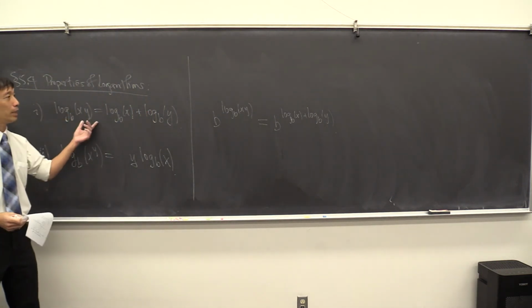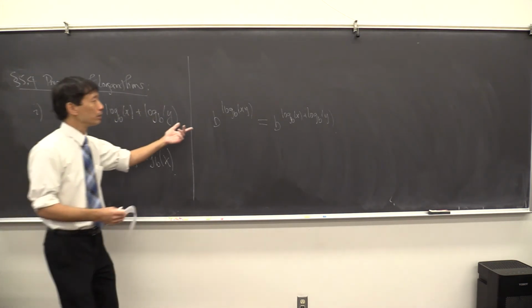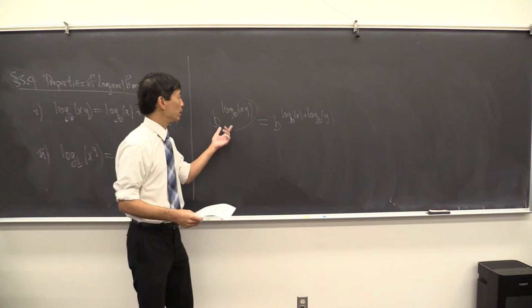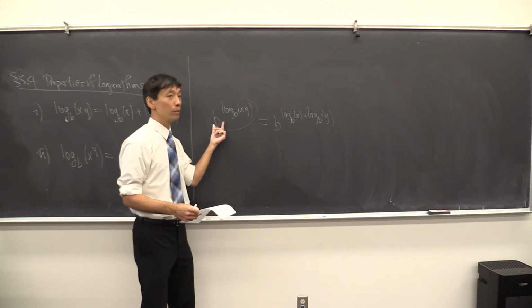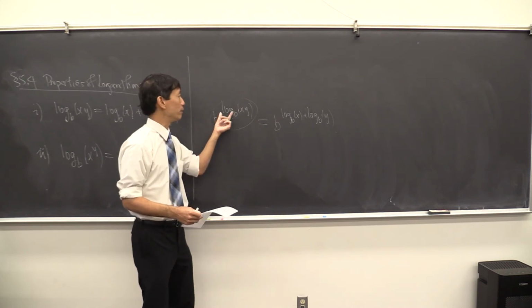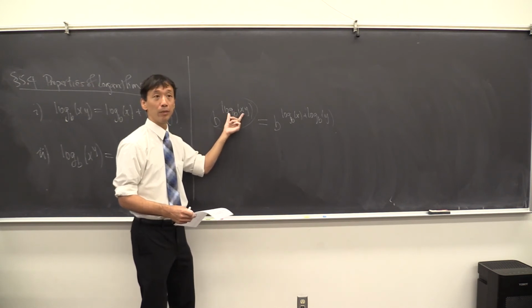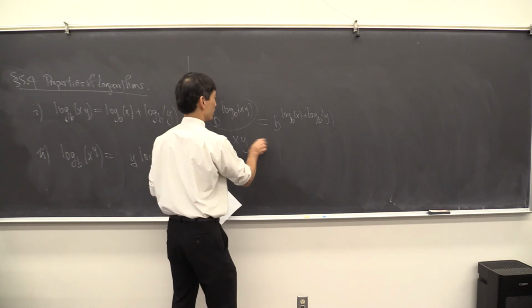Let's take that equation and convert it to its exponential form and see what we get. Well, what's this? b to the log base b of xy. That's b to the x composed with log base b, so they cancel each other out. You get xy here.